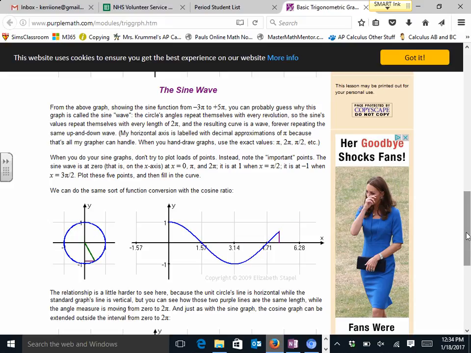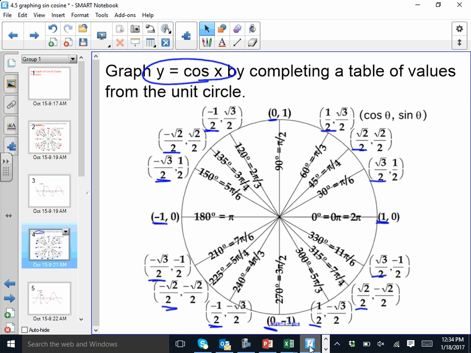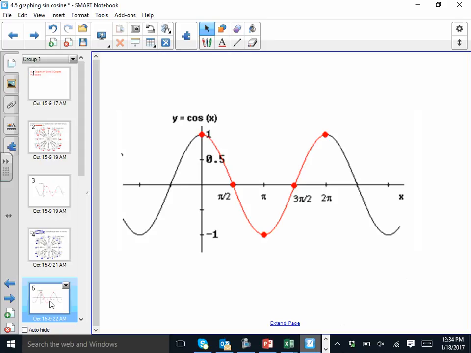Okay, so this is our cosine curve. So go ahead and draw that red graph, y equals cosine of x, and draw those side poles. Are they similar? Similar, but not the same.